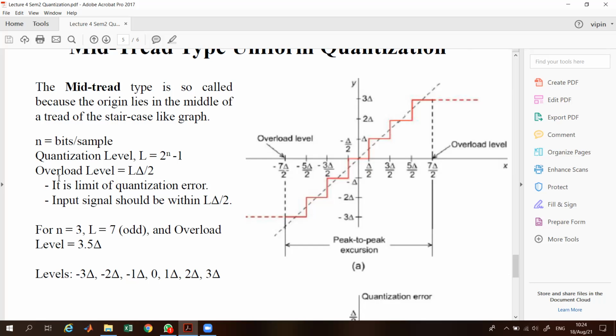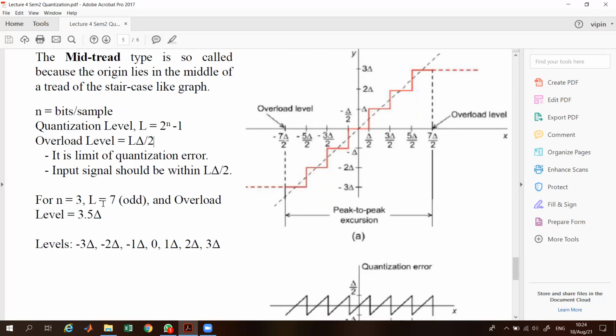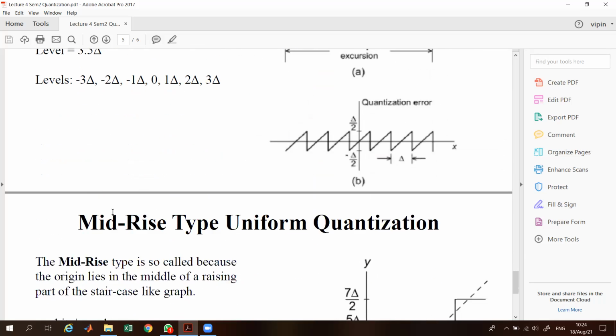And the overload level, because it starts from delta by 2, is equal to L into delta by 2. It is basically the limit of quantization error. The input signal should be within L delta by 2. So for n equals 3, L equals 7, odd, and the overload will become 3.5 delta.